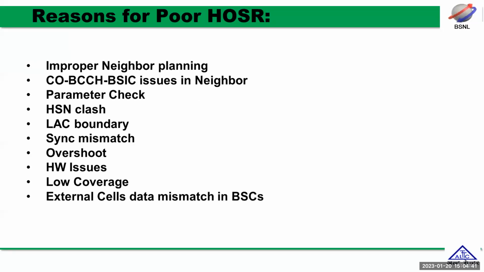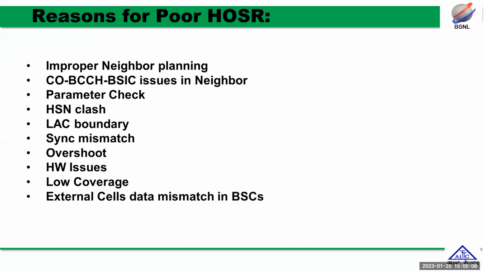So, reasons for poor handover success rate in a GSM network: improper neighbor planning, co-BCCH BSIC issues in the neighbor list, and parameter checks, such as whether DTX is on or power control is enabled or not, and HSN class.